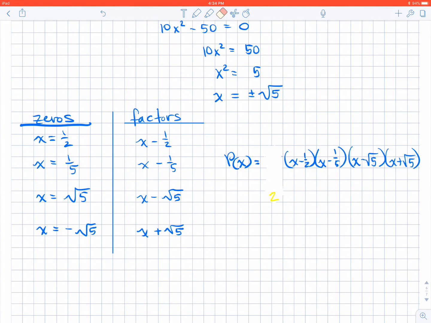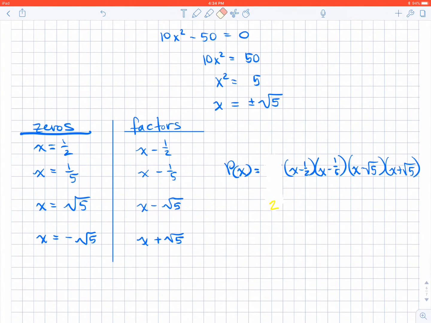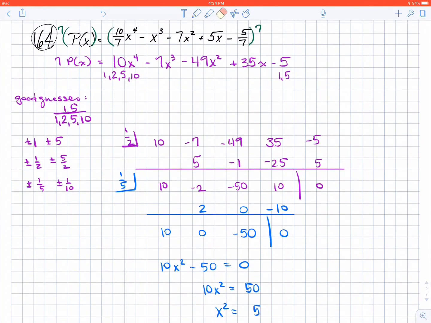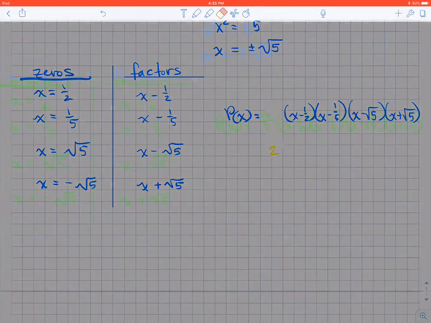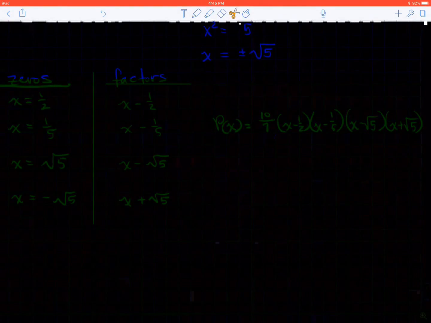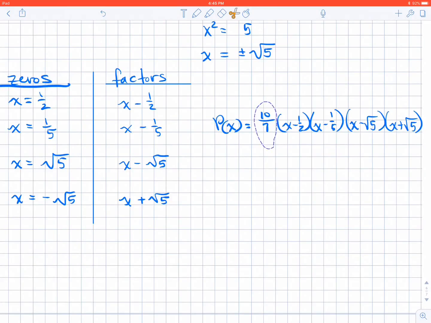The one thing that many students forget is they need to check to see whether the leading coefficient of their factored version matches the leading coefficient of the original version. Our original version had a leading coefficient of 10/7. They don't match. So the very last thing that you need to do is just to make sure you slap the leading coefficient back into your p of x.